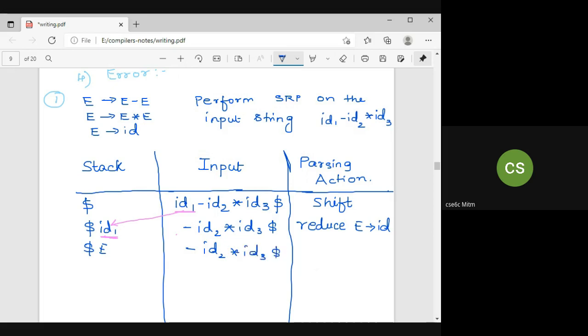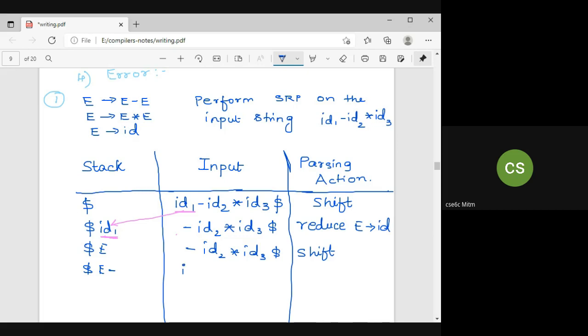Again you go and check the string. Check if E is there on any of the bodies. It is not there, so therefore we are going to take the action of shift. We keep on shifting until we can reduce. Remember this. We keep on shifting until we can reduce. Shift means you know the operation: minus will be shifted from here to here.